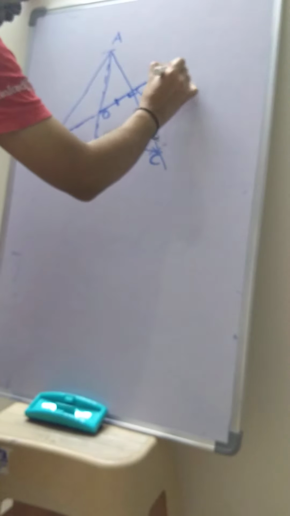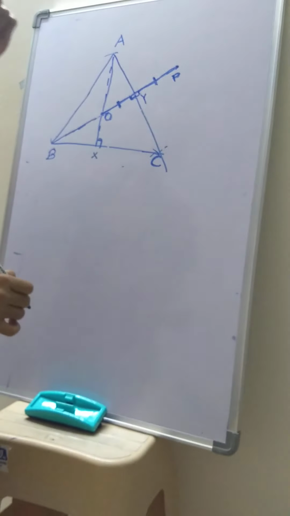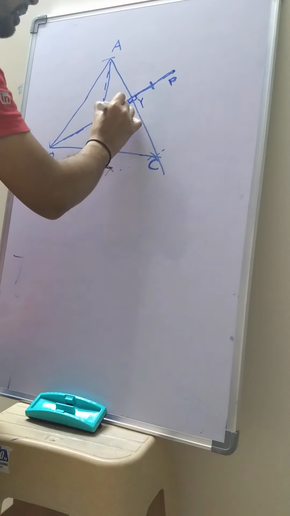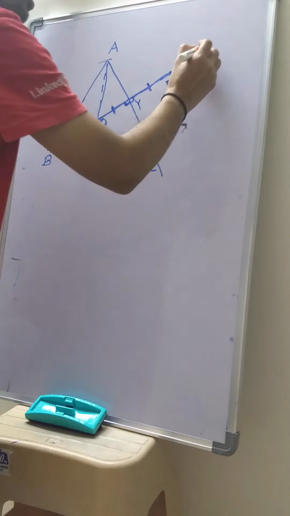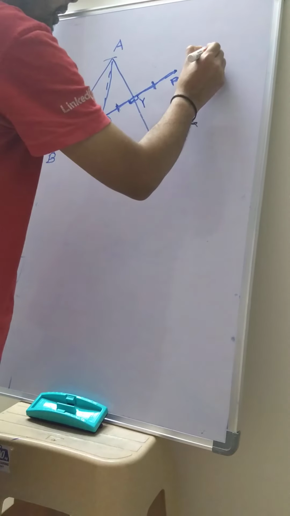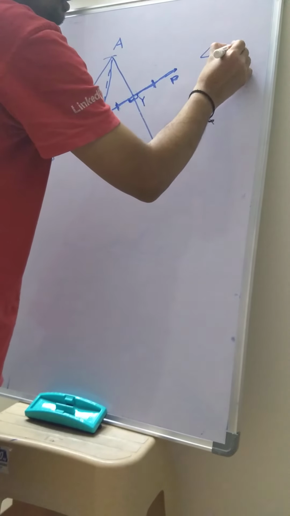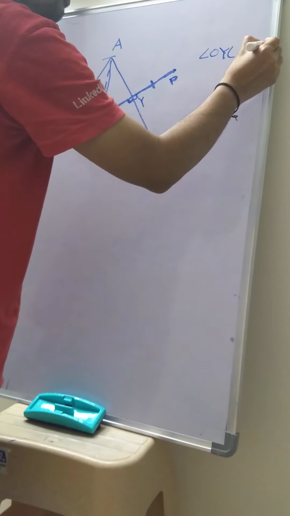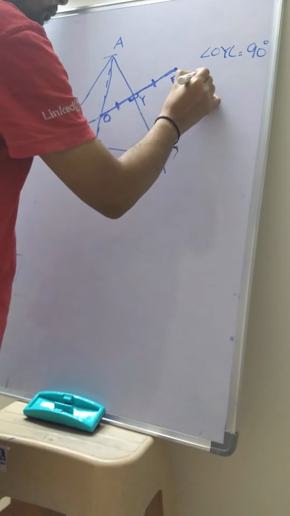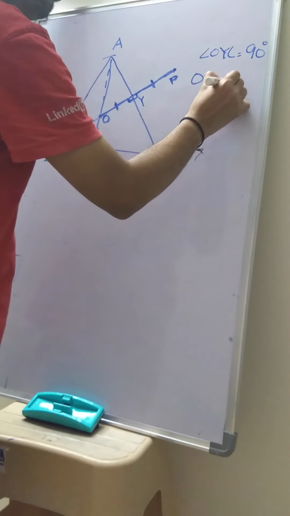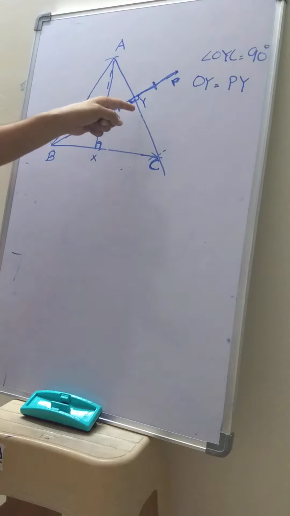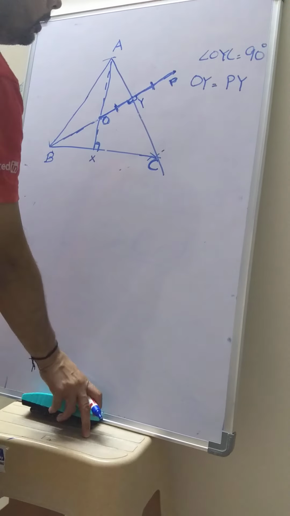So this is the point P which is the mirror image. This means that angle OYC is 90 degree. That is the first thing, right? And the second thing is OY is equal to PY. Now this is clear.